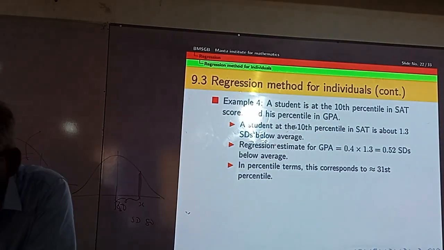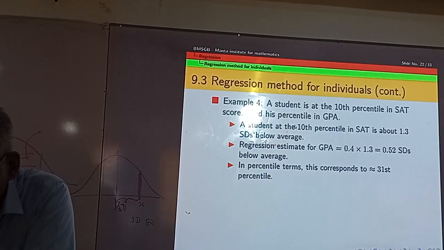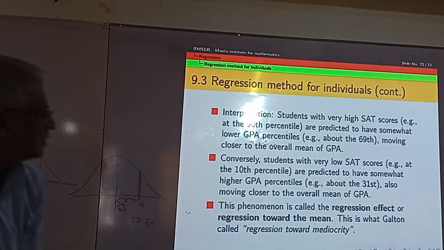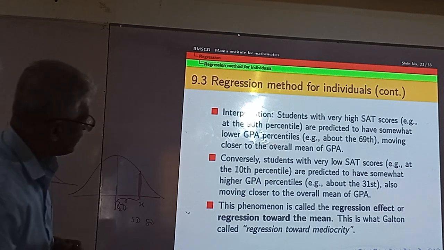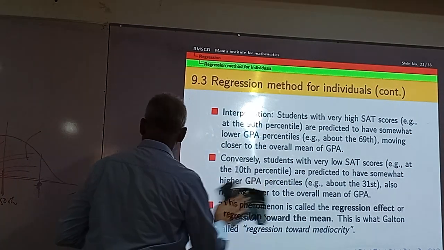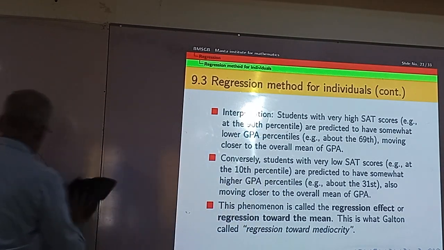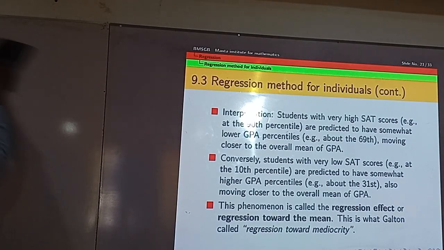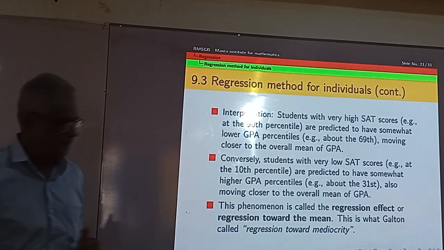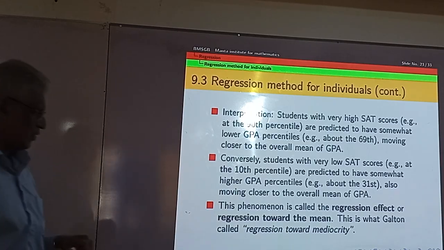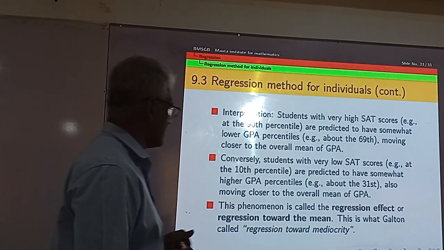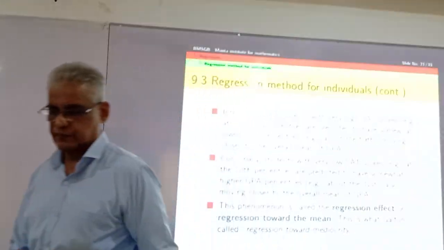That is what you call the regression effect. So that's what is explained here. Using those two examples, they are explaining the same thing. So that's what we call the regression effect. That's what Galton originally called regression towards mediocrity.